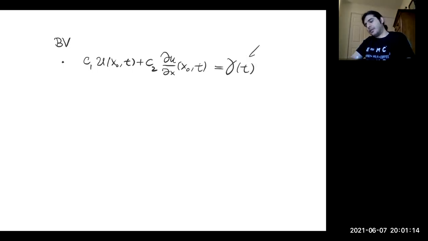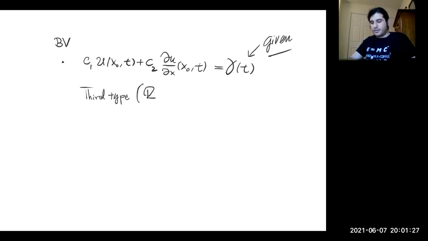So this is again a function which is given. This is part of the data of the problem. This condition is called the third type condition. It's named after Robin. It's called the Robin condition. This is another sort of condition.